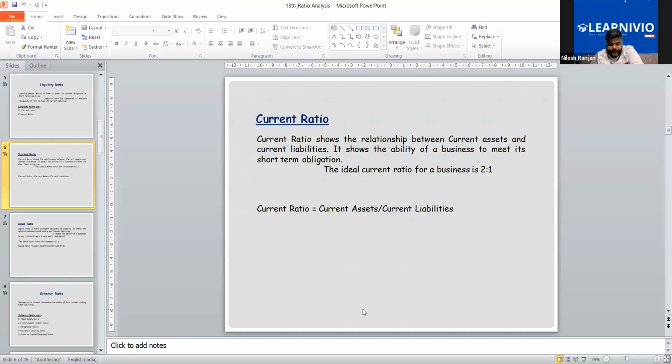Like plant machinery, current assets, so cash. You don't remember the format now. You told me that you remember the format of financial statement, balance sheet.